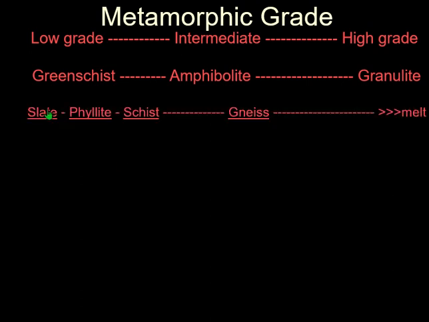Rock types include slate, phyllite, schist, gneiss, and over here we have a melt. Basically, when it's melted, it turns into igneous rock again, because it's completely melted, usually by great depth, and becomes igneous rock, and is probably moved around somewhere else in the molten state.